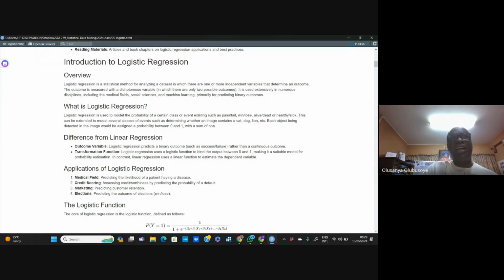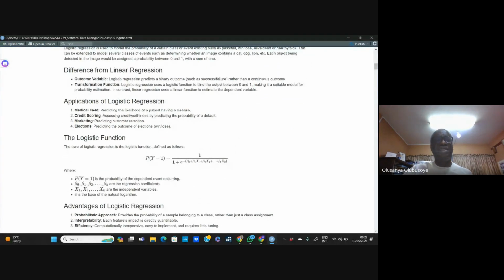And in different other marketing situations, logistic regression can help you to predict whether a customer will shun or not shun. In the election too, if you have a candidate, you could also use logistic regression to predict whether the candidate will win or lose. Several application areas. You cannot even exhaust the list.